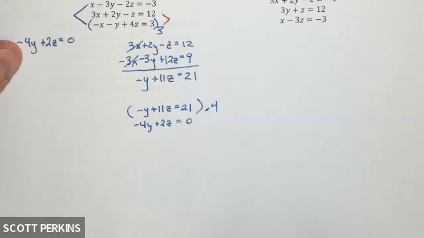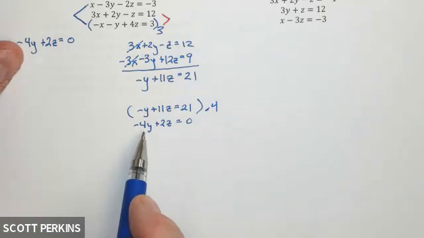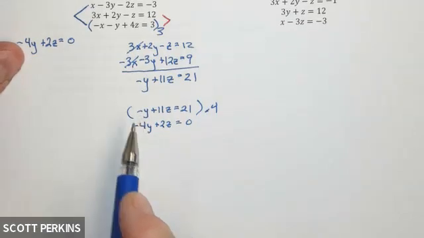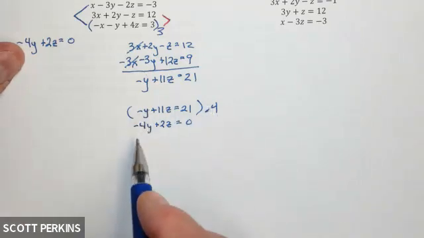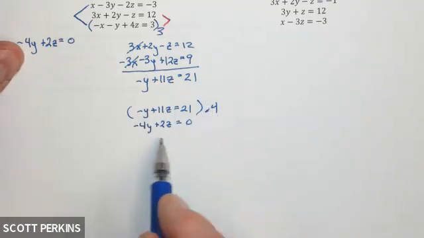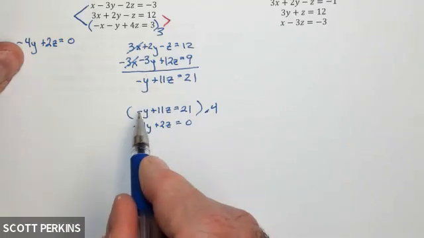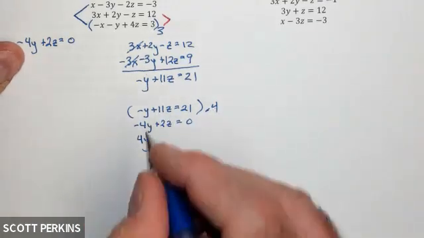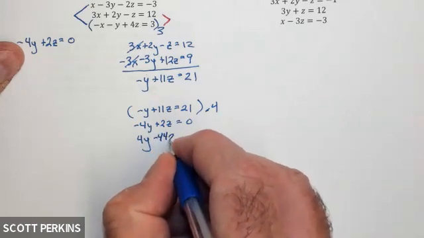The reason, in case you didn't see that, is I've already got a negative 4 in front of this bottom y. I need a positive 4 in front of the top one. So I'm going to multiply this by negative 4. I'm just going to write it right here to save a little space. Negative 4 times negative y is plus 4y. Negative 4 times 11 is negative 44.